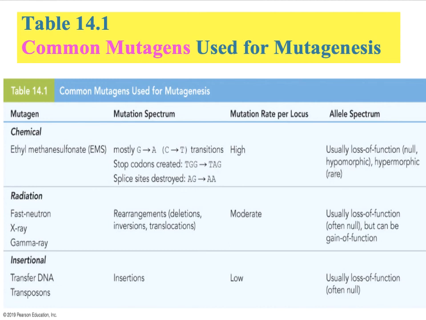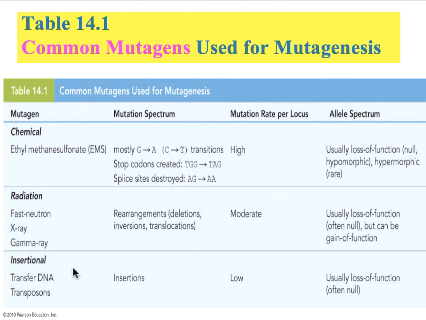or hypermorphic. A different type of mutagen is radiation, especially X-rays and gamma rays, and they normally cause rearrangements of DNA. Deletions, inversions, and translocations are most common. And they normally result in a loss of function also, but this time mostly because of null mutations. But occasionally there can be a gain of function mutation.